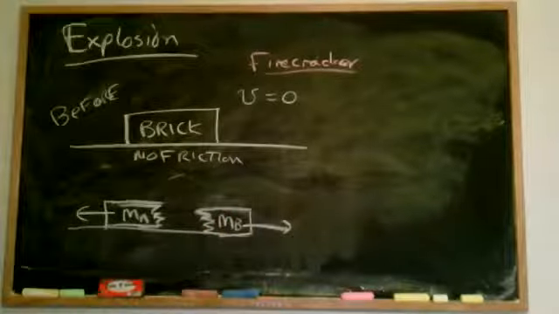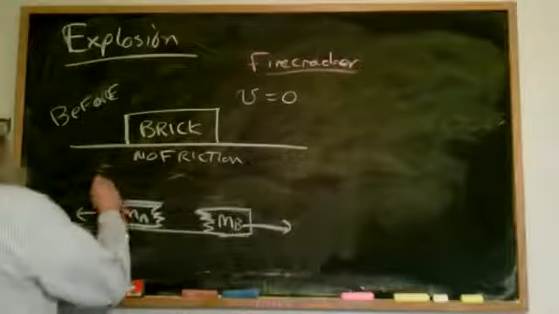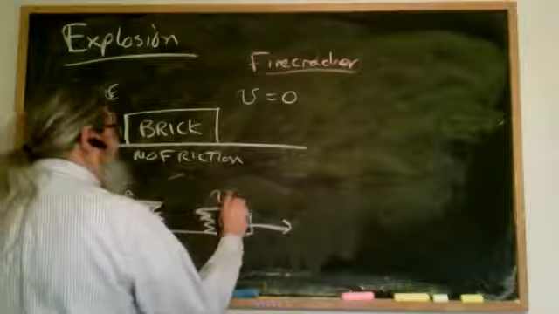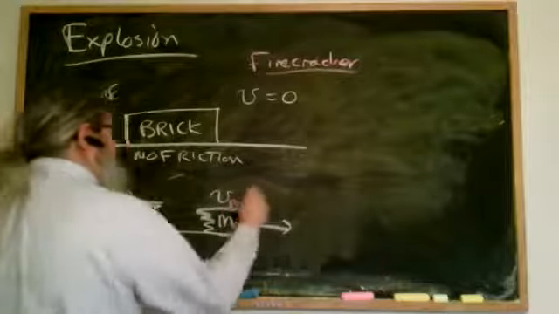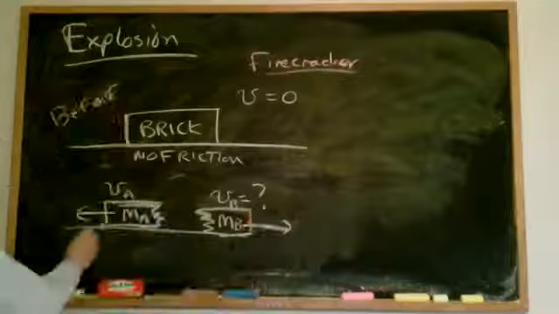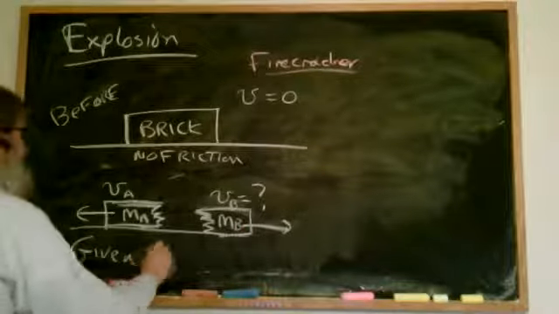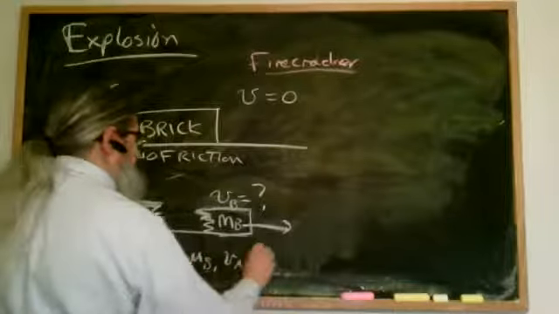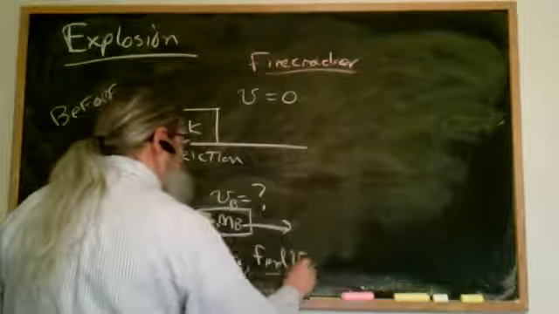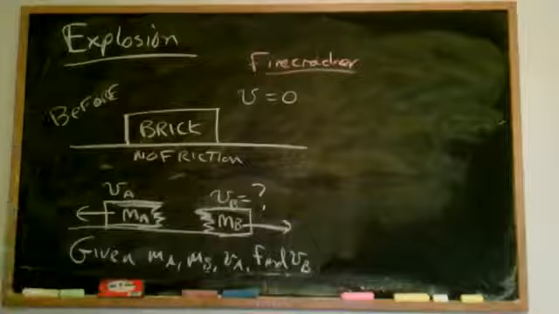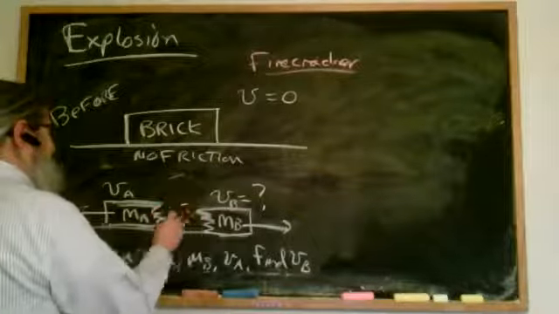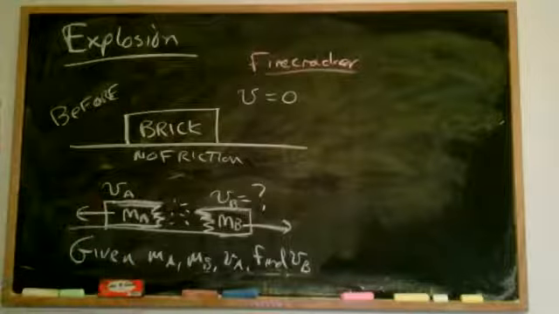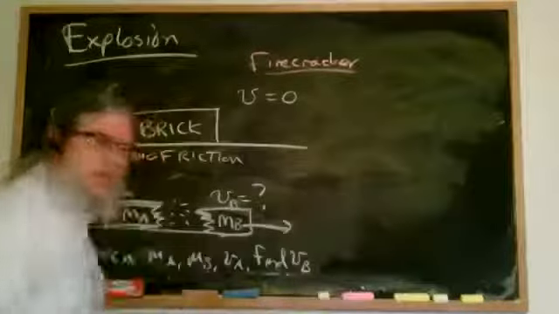I tell you the masses, and the question is, if I give you the velocity VA, can you find the velocity VB? So given MA, MB, VA, find VB. That's the problem. Some kind of explosion happens, the 2 pieces go flying off. How do I tackle that problem?